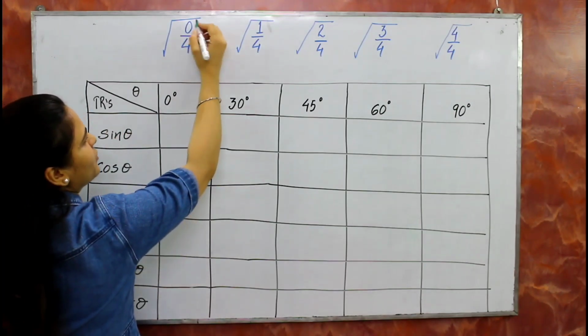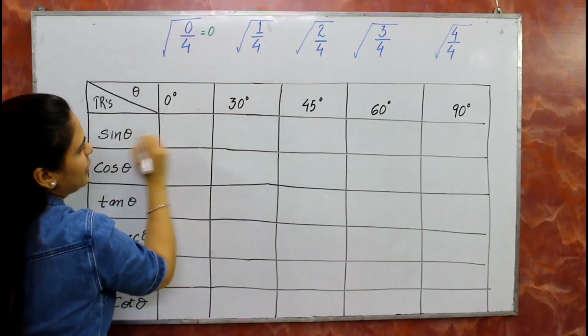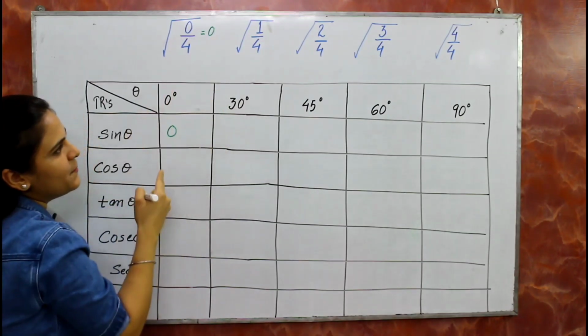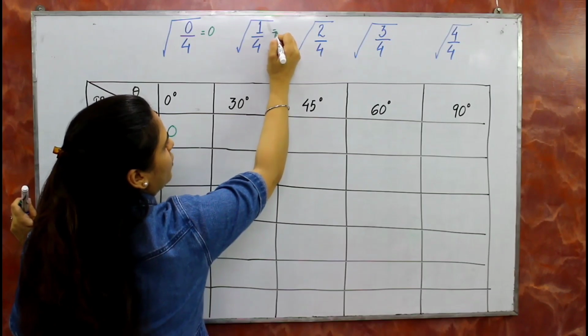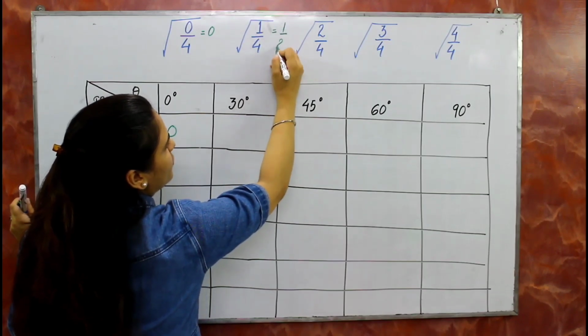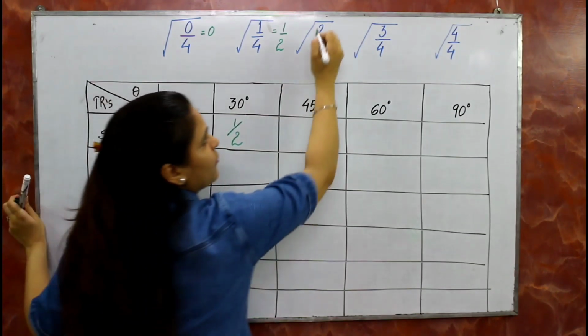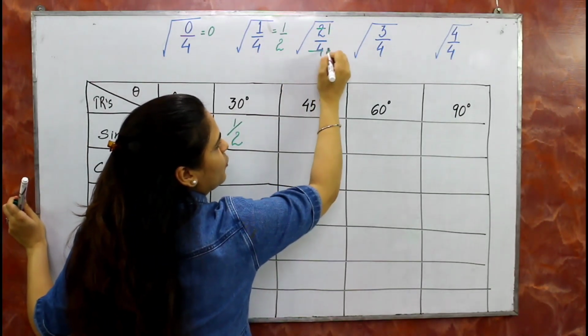When you simplify root 0 upon 4, you will get 0. So that's the value of sine theta for 0 degree. And square root of 1 by 4: square root of 1 is 1 and square root of 4 is 2. So that's the value for 30 degree. When you simplify this, you will get 1 upon 2.